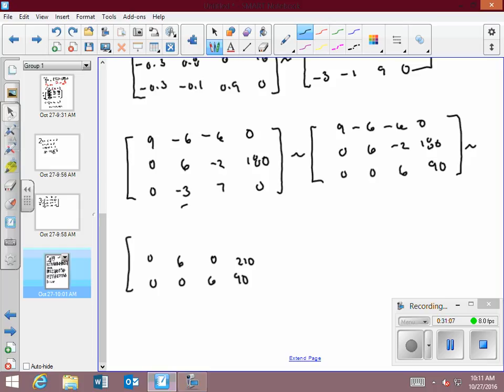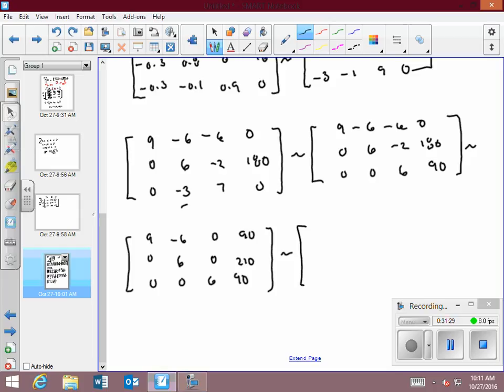Then I'll go 9 minus 6. Now I take the bottom row times 1, now I just take the second row.